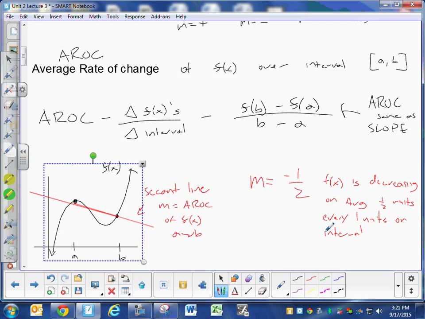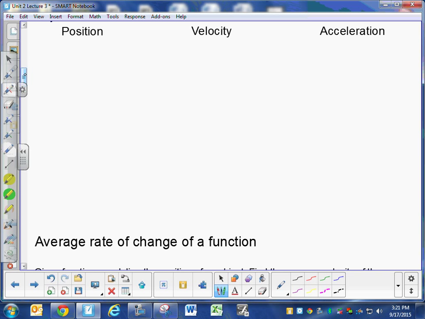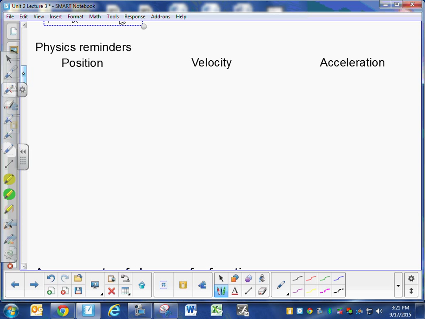So you will find that this class and physics will be really related, and we'll have lots of physics-type questions in calculus class. Because physics is the math of change. No, calculus is the math of change, and physics has a lot to do with change. So we're going to be dealing with position, velocity, and acceleration a lot in this class. So let's just remind ourselves about position, velocity, and acceleration.